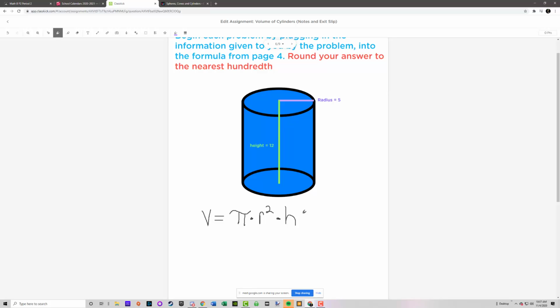So what are we going to plug in right here for our height? What are we going to plug in for H?